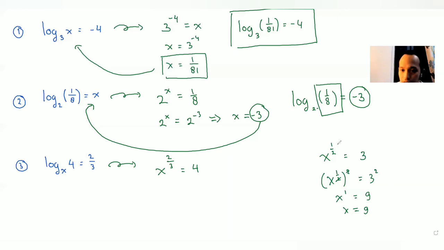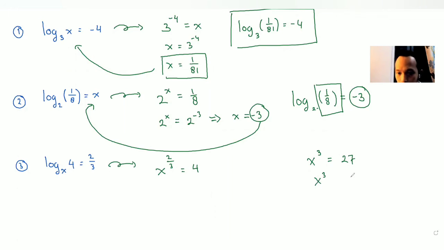Let me give you another example. If I have x cubed equals 27, you can solve it this way. I know that x cubed equals 3 cubed. Therefore, I raise both members, left and right, to the 1/3 power.